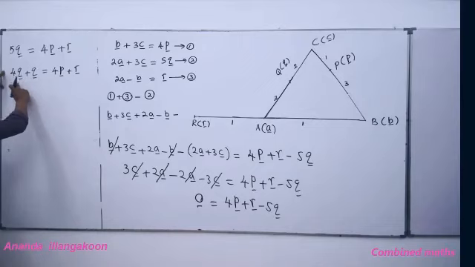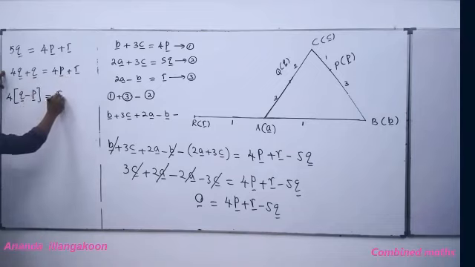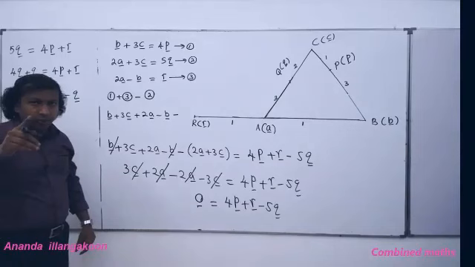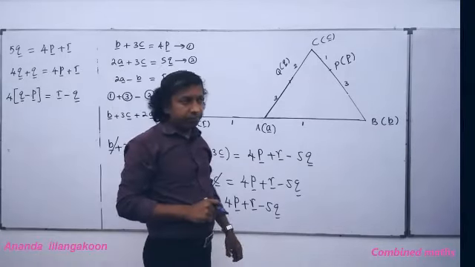I will take this side and 4 common, no? Take 4 out. q minus p, no? Once you take 4 out, it is minus p. And take this q to right hand side, r minus q. I think you agree with me. Right.